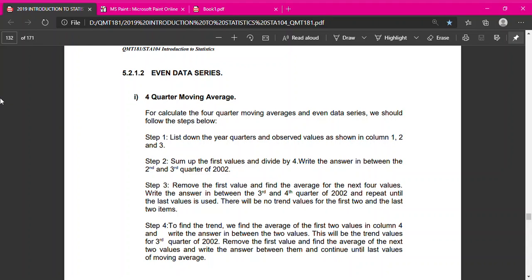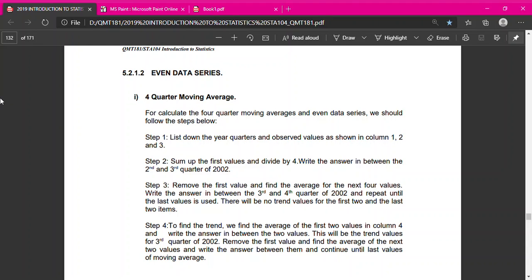Moving average for even data series. Today we want to find the moving average or trend for the data if the data are an even data series. An example of an even data series is the 4 quarter moving average or 4 period moving average.